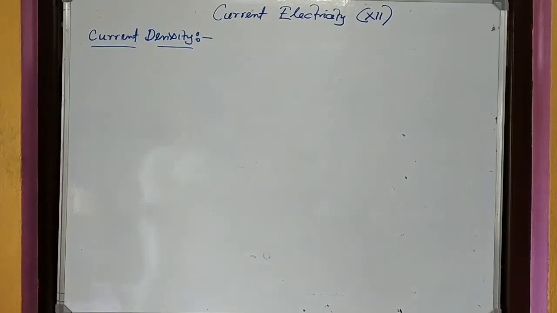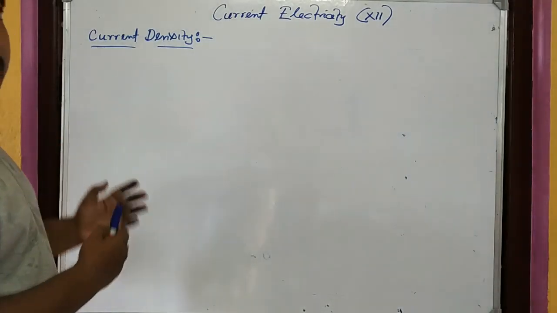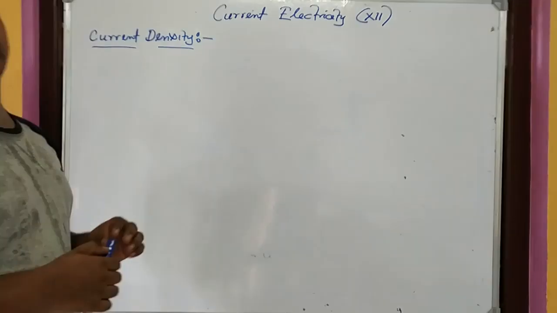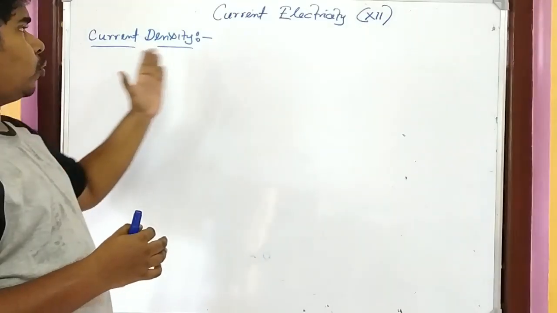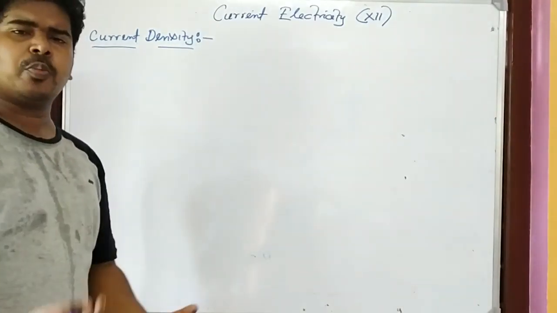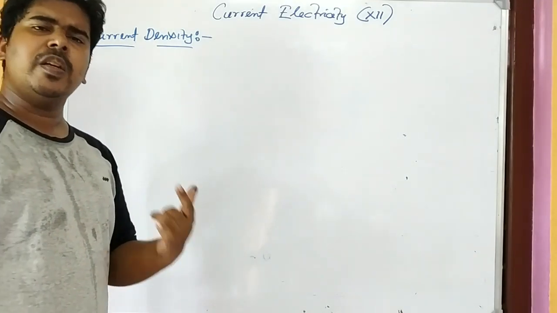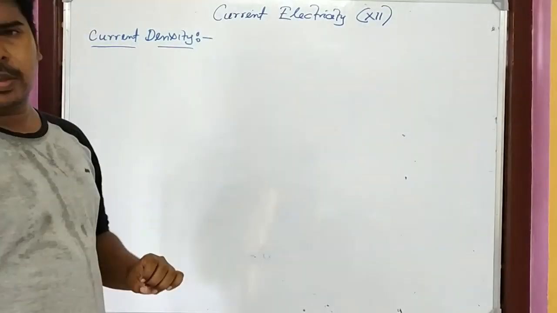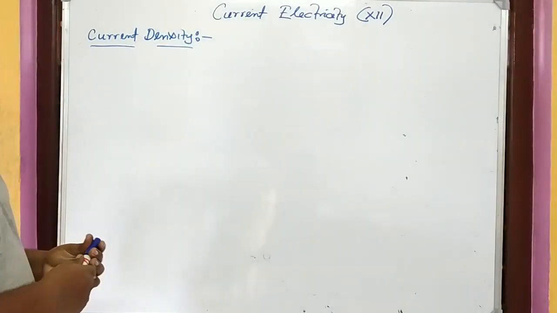Now we'll learn a new thing. That is a new concept for you. That is current density. So first try to understand what it is, then I'll explain why there is a need to learn this quantity. What is current density?